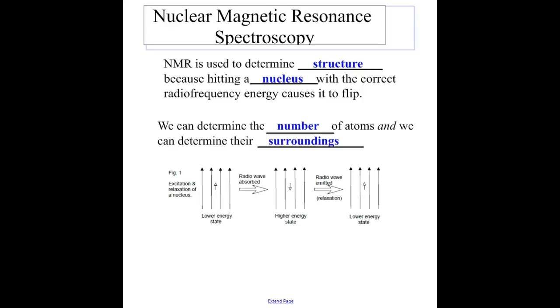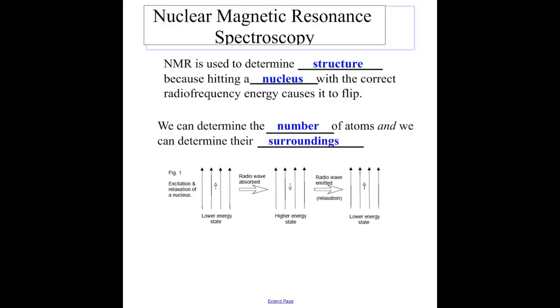So first, a little background. If the nucleus of a hydrogen atom, which is a proton, is hit with the right radio frequency, it causes this to flip. So what happens is that it's in a magnetic field, and the radio waves are absorbed, causing this flip into the higher energy state.